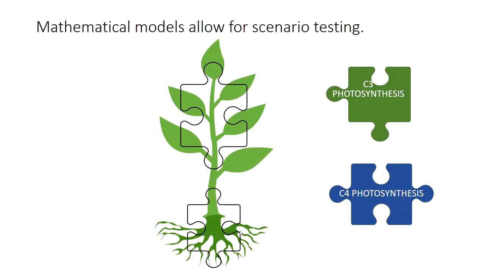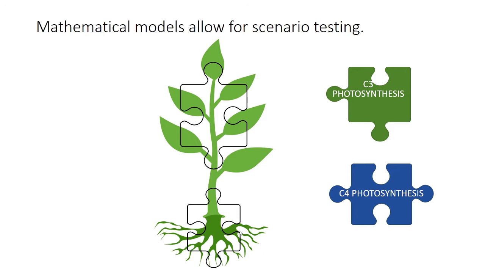So mathematical crop models let us do things in the dry lab that are difficult or even impossible to do in the wet lab, and they can help us identify new avenues for engineering or breeding efforts.